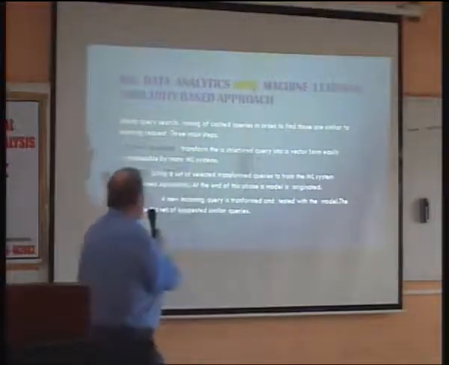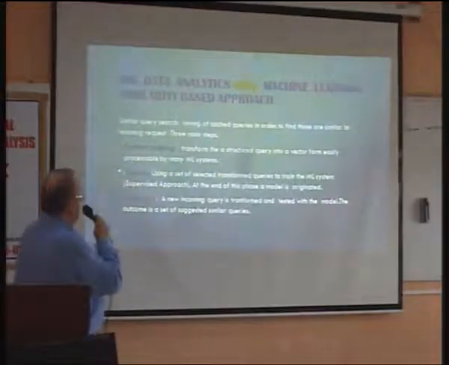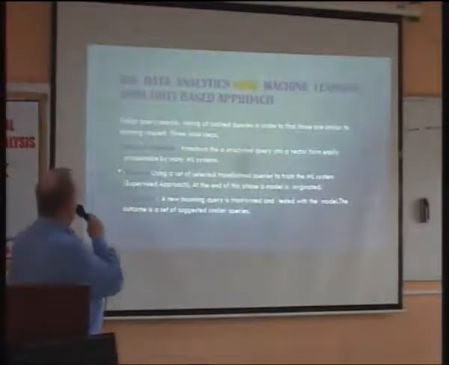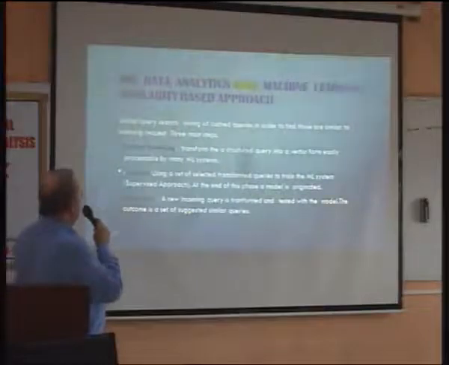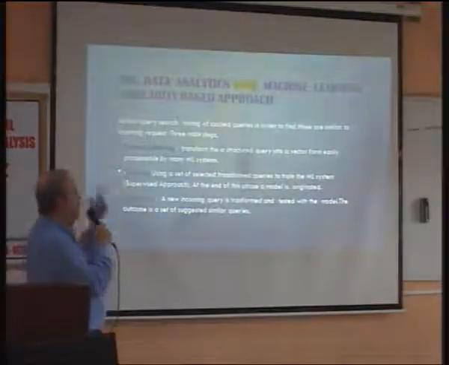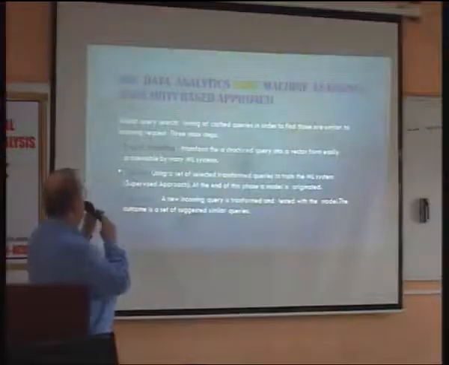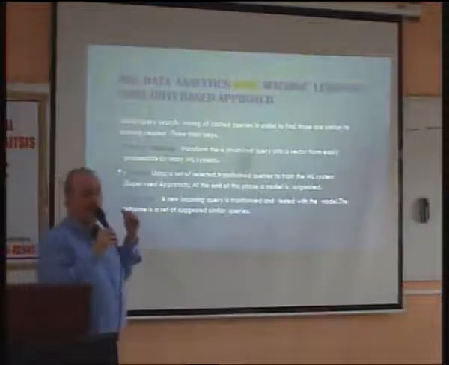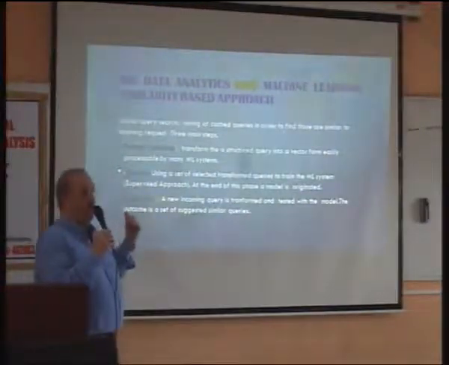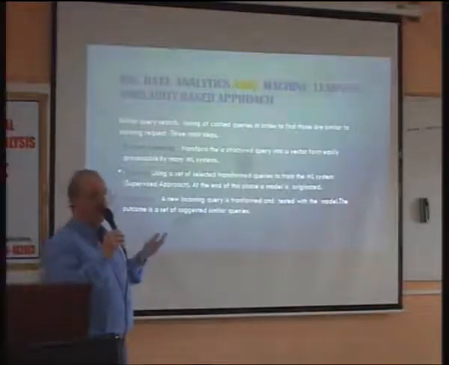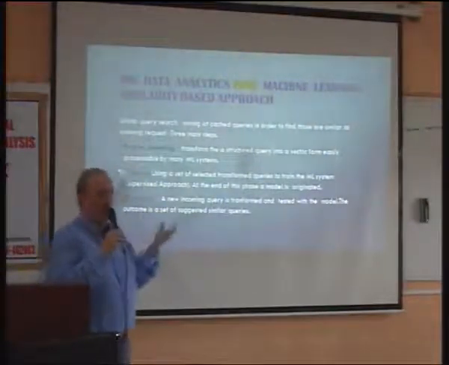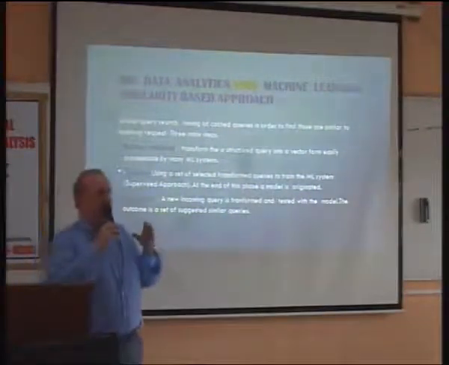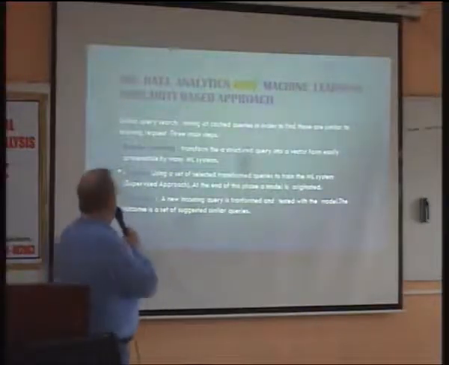As this slide is quite similar to some slides of Professor Pasardani: feature modeling transforms the structured query into a vector form, easily processable by many machine learning systems. This is very important in the case of chemical compounds, because a chemical compound has a structure, but machine learning is not capable of reading a 3D structure of a molecule.